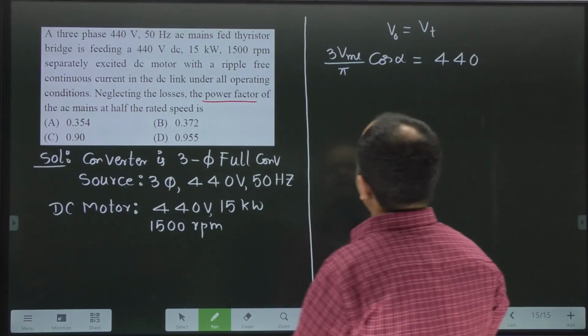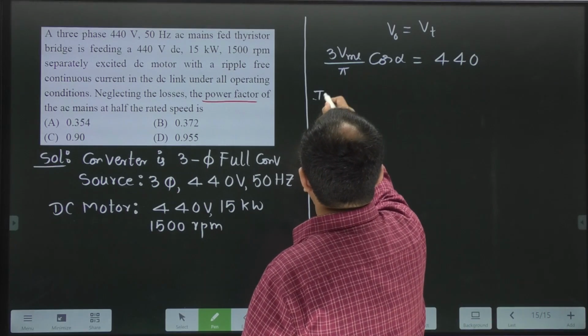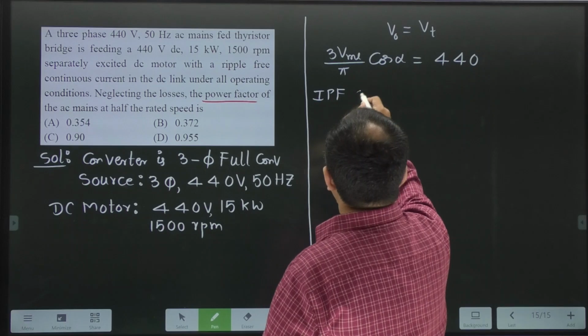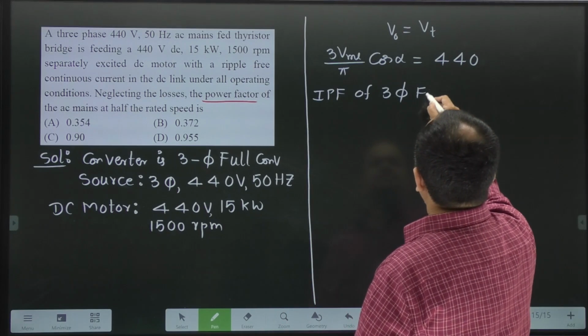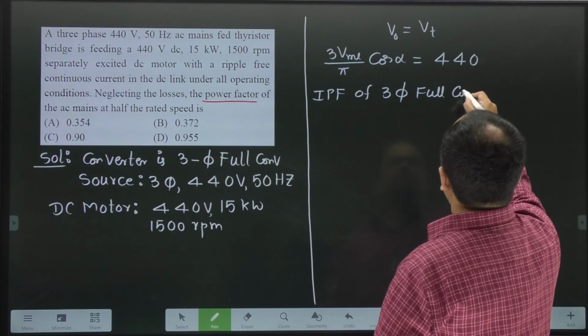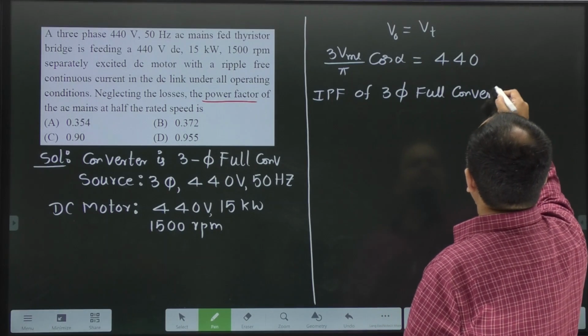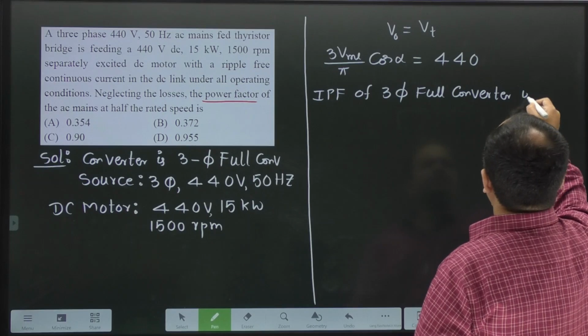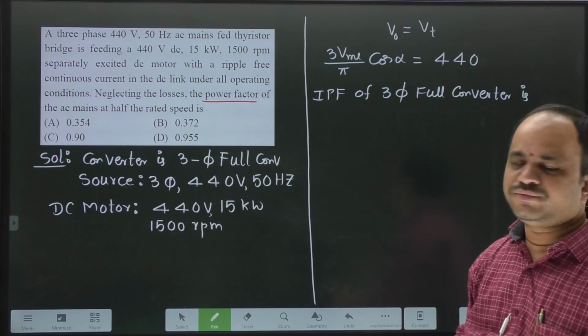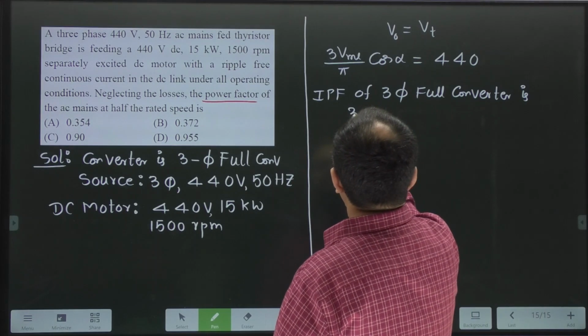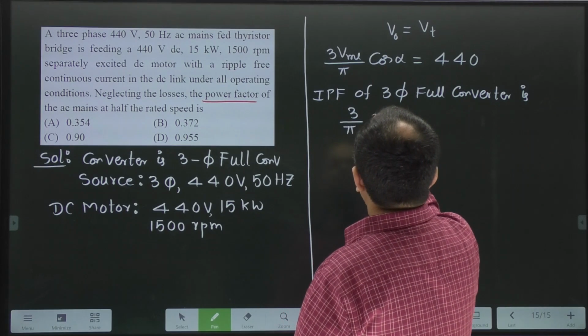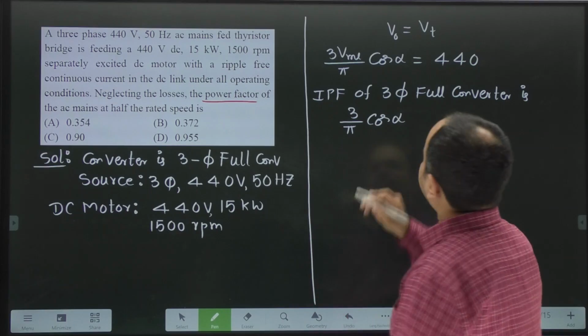Now what is the power factor of this circuit? Input power factor of a 3-phase full converter is 3 by pi cos alpha.